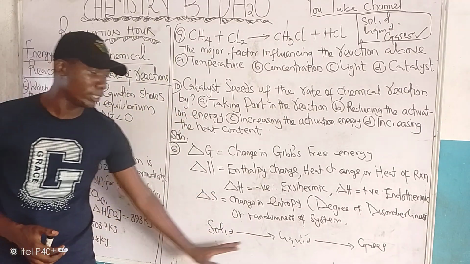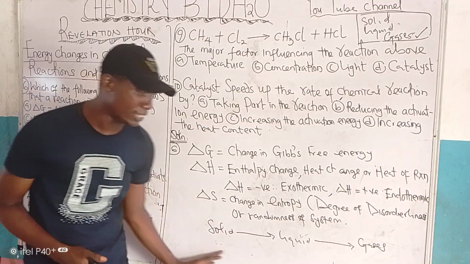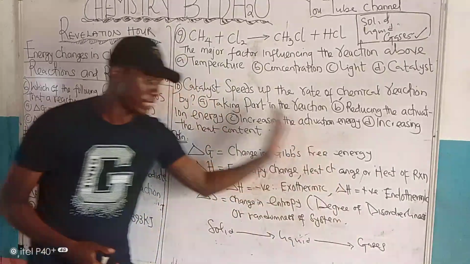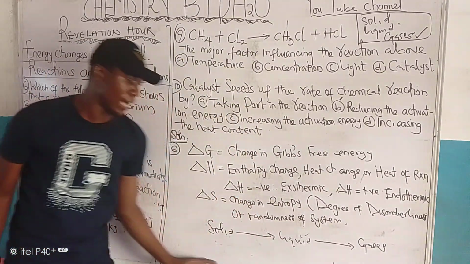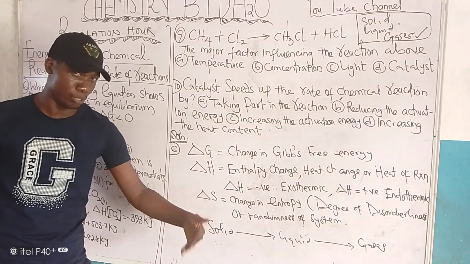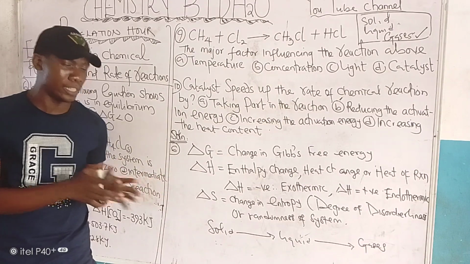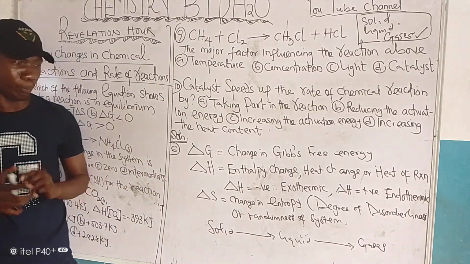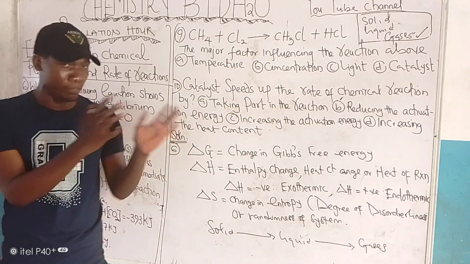So if I write solid, liquid, and gas, it means that the entropy is what? Increasing. But if I reverse it and I write gas, liquid, and solid, it means that the entropy is what? Reducing. Now, I want you to know that when the entropy increases, it means a positive entropy. And if the entropy reduces, it means a negative entropy.